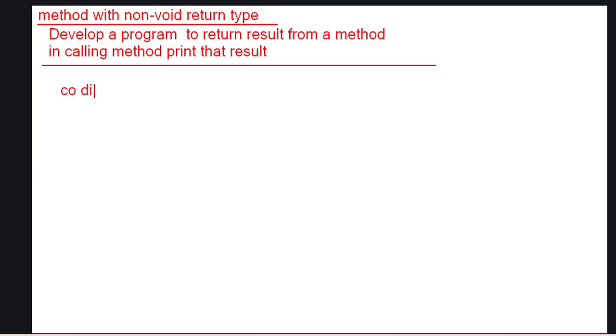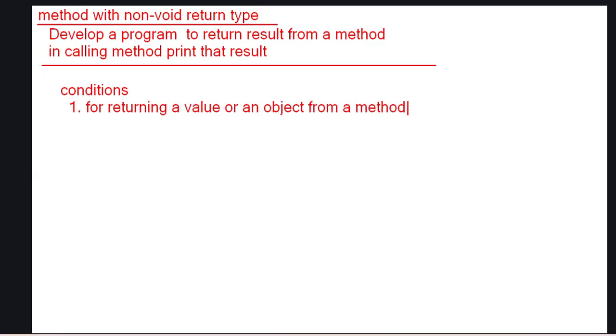Here are two conditions, two points. Number one, for returning a value or an object from a method. An object is also a value, na? A value is one value. Object means what? Multiple values. The method return type must not be void.